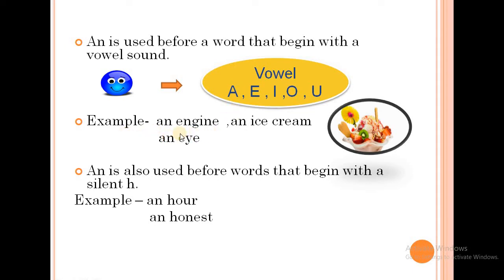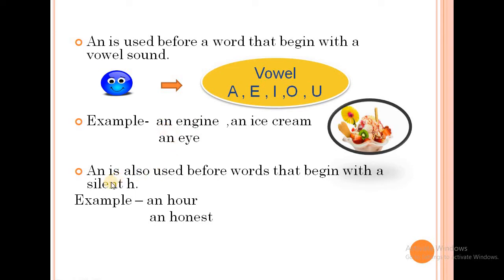Here examples are: an engine, an ice cream, and an eye. So the first letters E, I, E are vowels, so before vowels we are using article an.